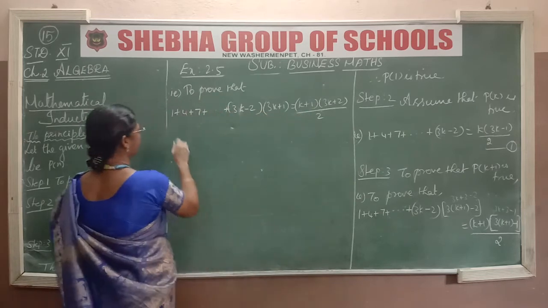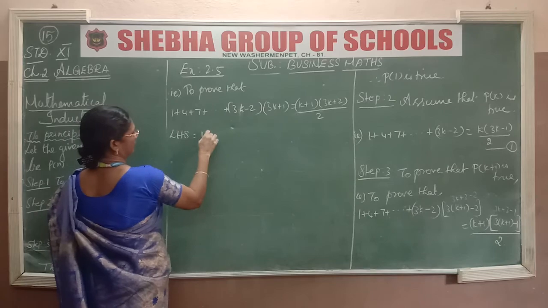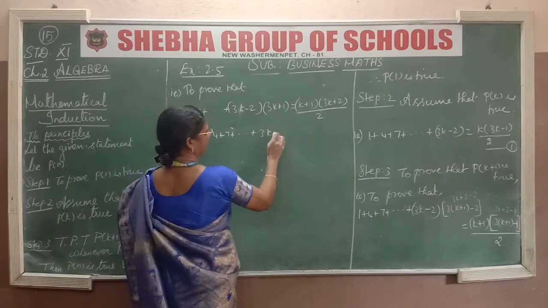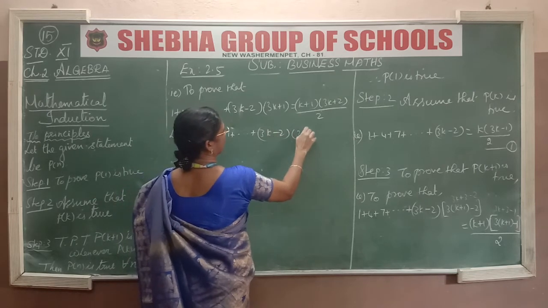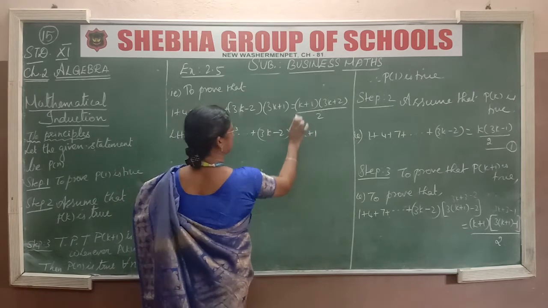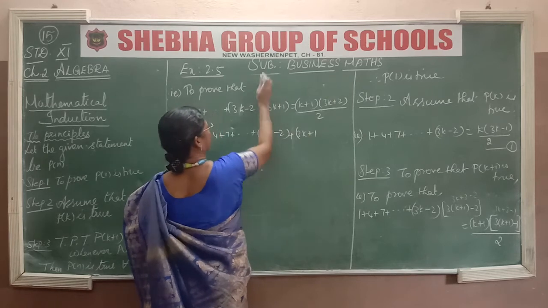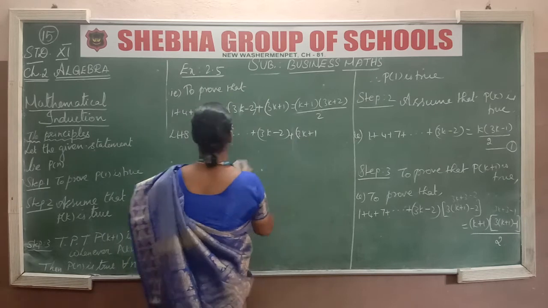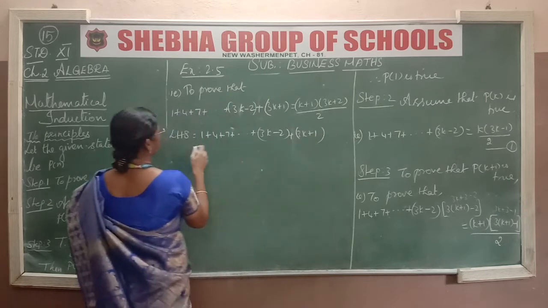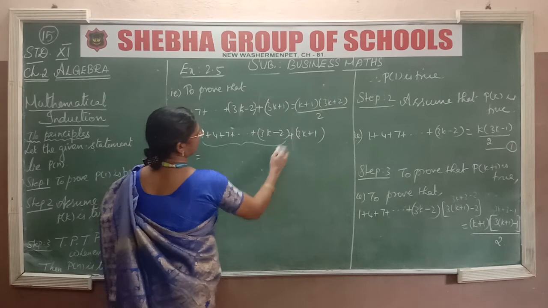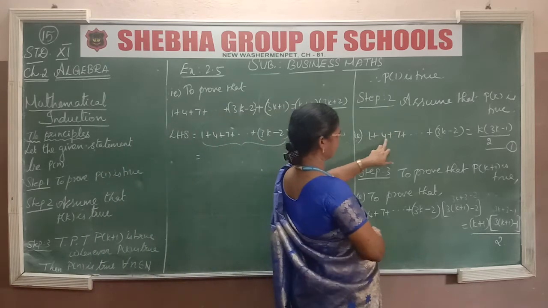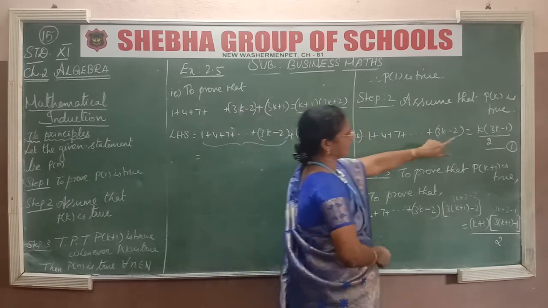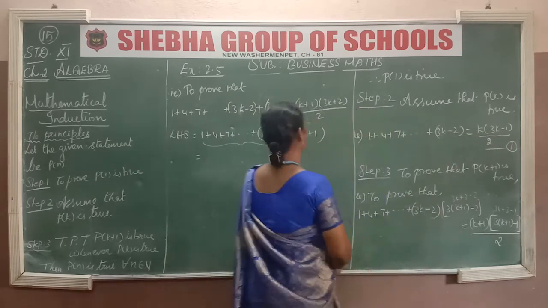So now taking LHS, 1 plus 4 plus 7 plus etc. plus 3k minus 2, not multiplication, plus 3k plus 1, which is equal to, listen, this is our first equation: 1 plus 4 plus 7 etc. plus 3k minus 2 equal to k into 3k minus 1 by 2.